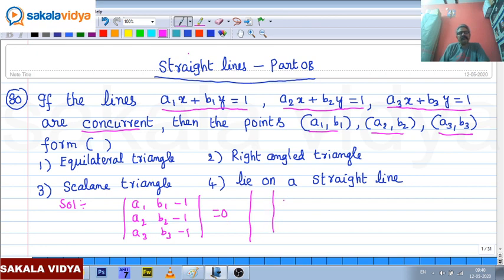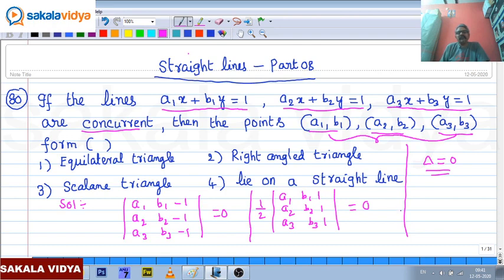Then this can be rewritten as A1 B1 1, A2 B2 1, A3 B3 1 equal to 0. Multiply by half on both sides. So this is nothing but delta is equal to 0. That means area of the triangle formed by these three points is 0. Therefore, points A, B, C are collinear. Collinear means they lie on a straight line. Fourth option is the right option.